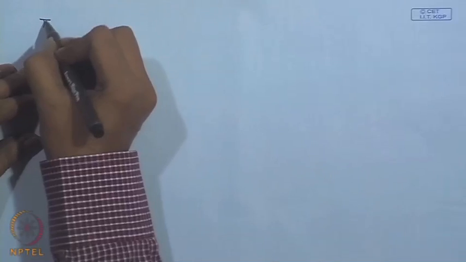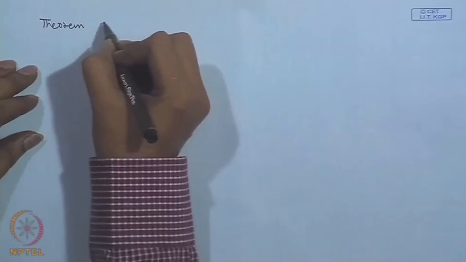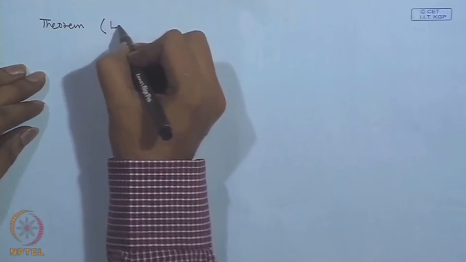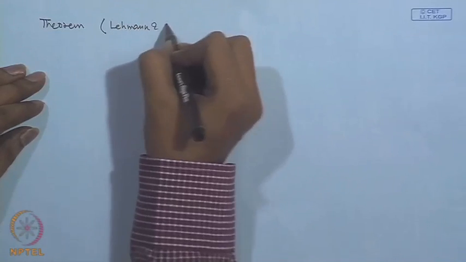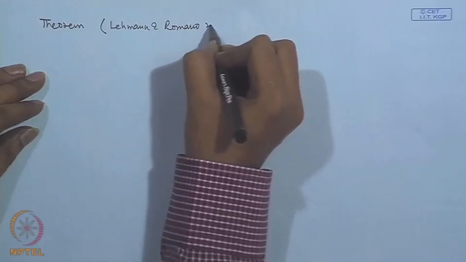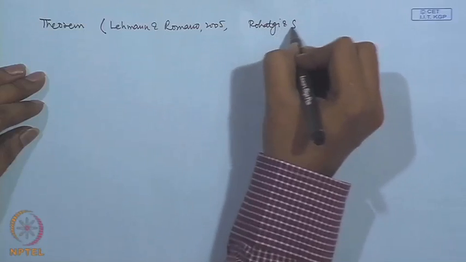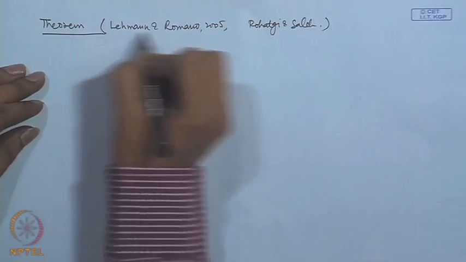Let us look at the main result of this section now, that is an application of the monotone likelihood ratio property, how the uniformly most powerful test exists. So, I state the theorem. For a proper statement of this theorem, you may look at the books of Lehmann and Romano 2005, or you may look at Rohatgi and Saleh books. The proofs are also given there. So, I am not discussing the proof here.